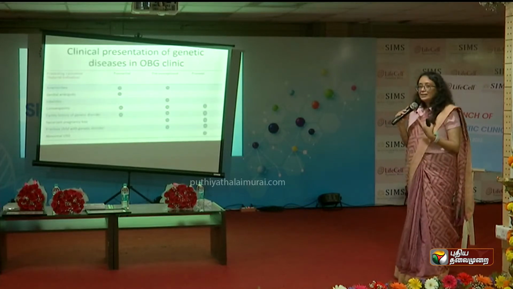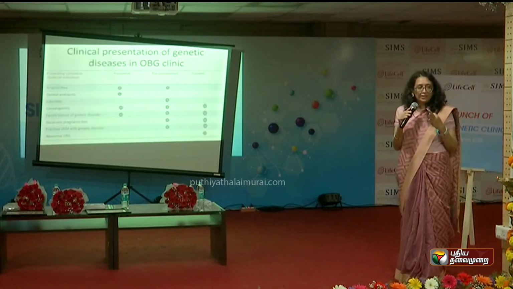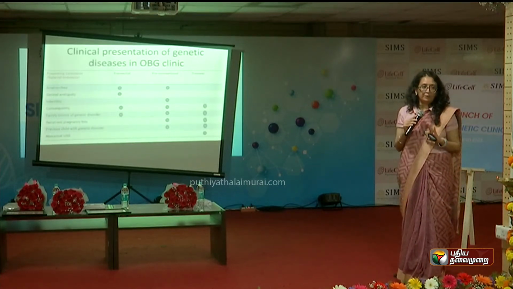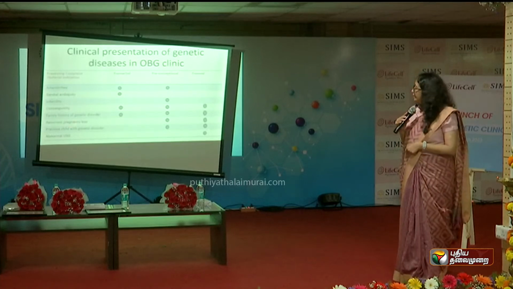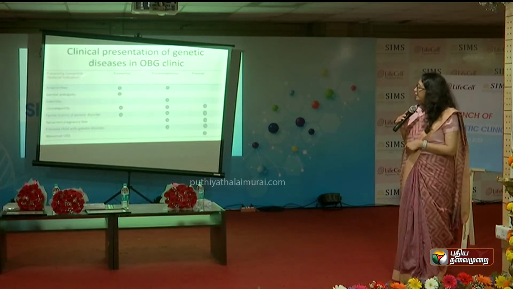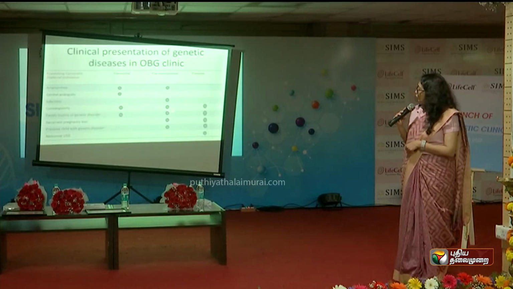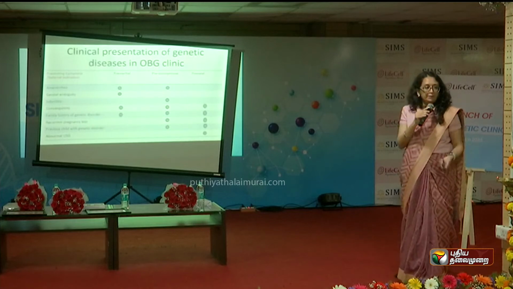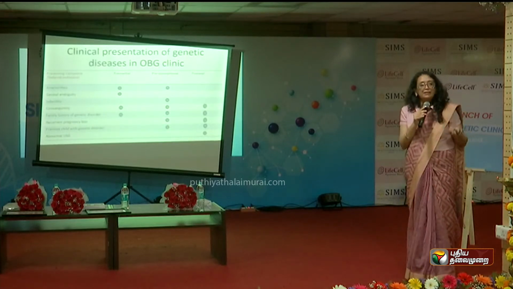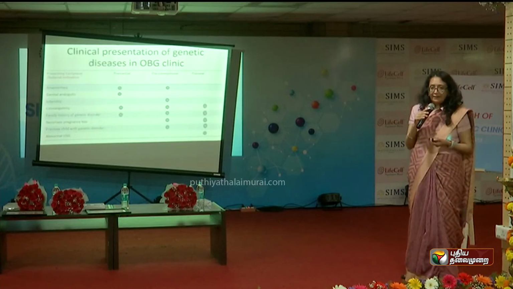So here, basically, when in an OBG clinic should you think that this could be a genetic problem? These kind of patients will present in 3 settings. Sometimes they come in the pre-marital period, either with some genital problems or amenorrhea, or nowadays sometimes with consanguinity or a family history of genetic disorder. Or they can present in the pre-conceptional period, that is before conceiving, where again they can have some fertility issues, or they come because they are having recurrent pregnancy loss, or they fear that the baby may be born with a genetic disease because somebody in the family has a genetic disease, or they are married in relation.